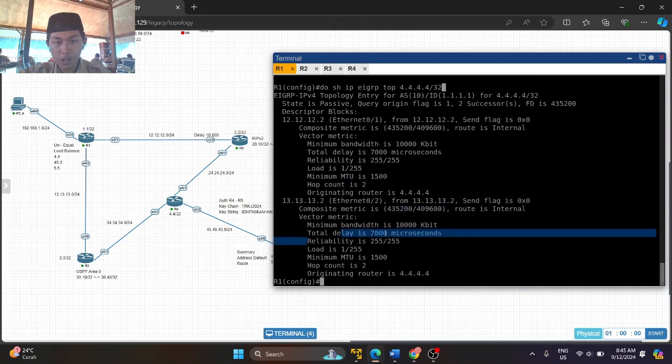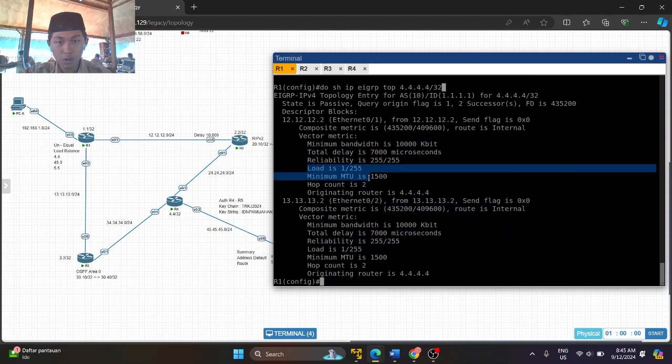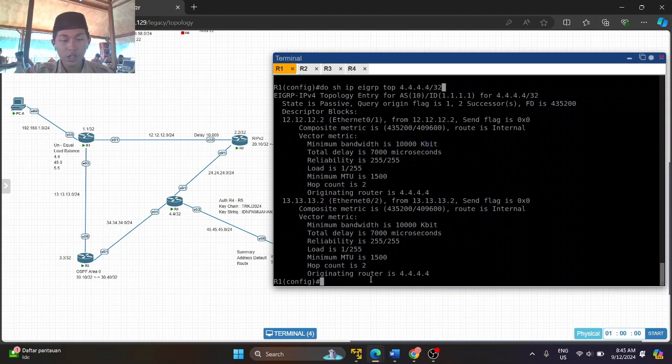Here you can see the reliability, load, and MTU, hop count, and other things. And also we can see the bandwidth. Okay, so let's change the bandwidth of 12.2.